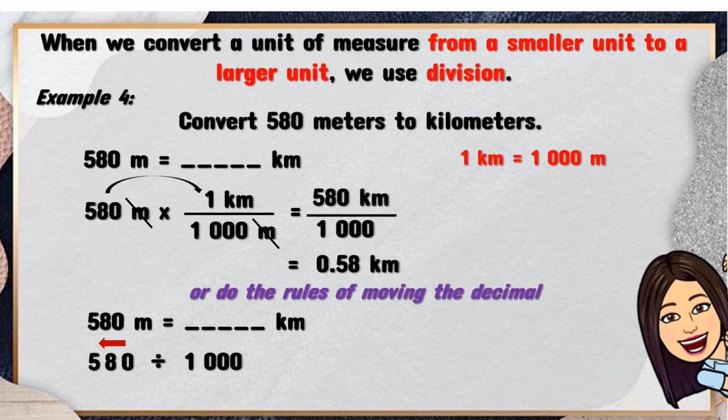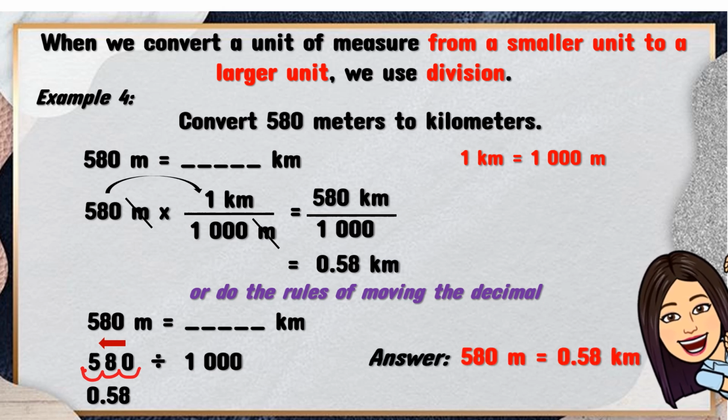Since this is 1,000, we're going to move the decimal 3 times. 1, 2, 3. And this will be the decimal, and it becomes 0.58. So the answer is 580 meters is equal to 0.58 kilometers.